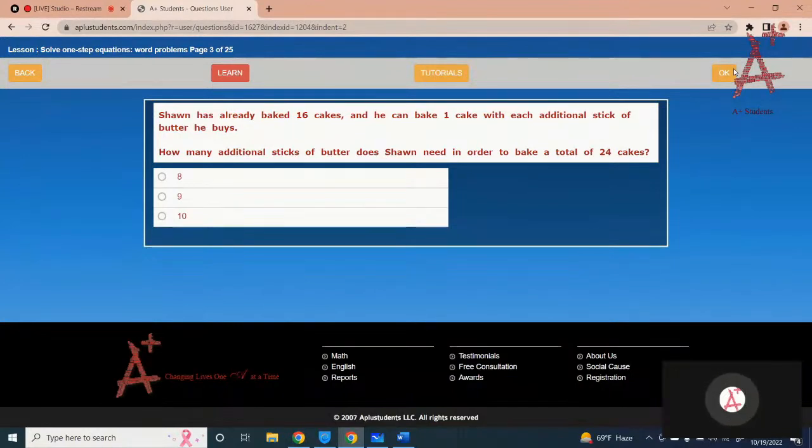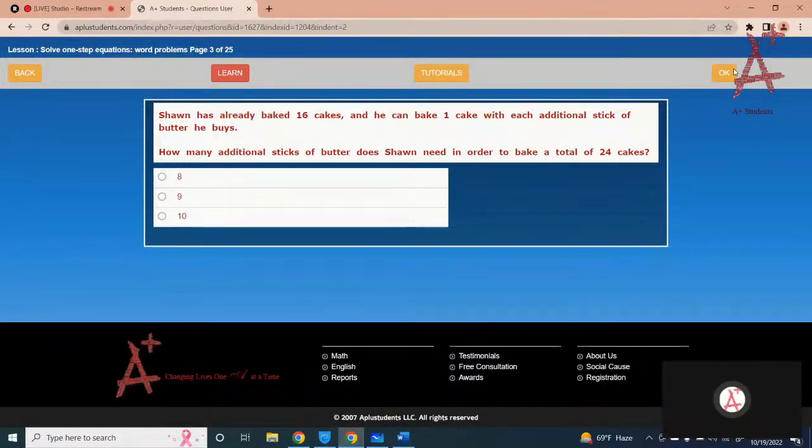Okay, the next one is Sean has already baked 16 cakes. He can bake one with each additional stick of butter he buys. How many additional sticks of butter does Sean need in order to bake a total of 24 cakes?